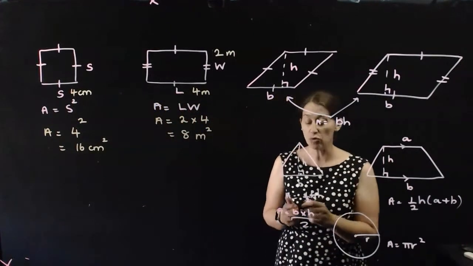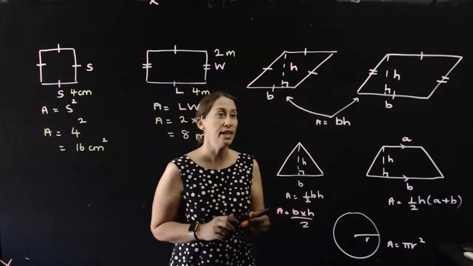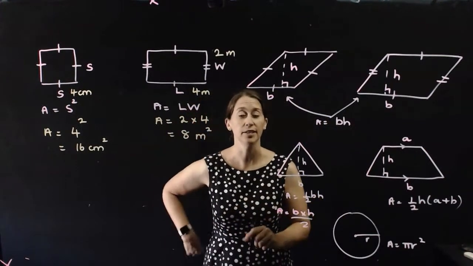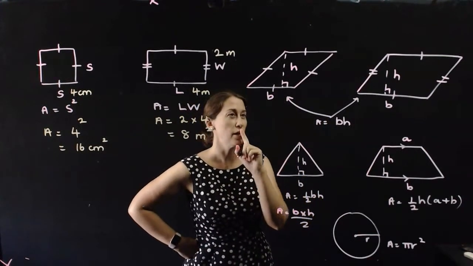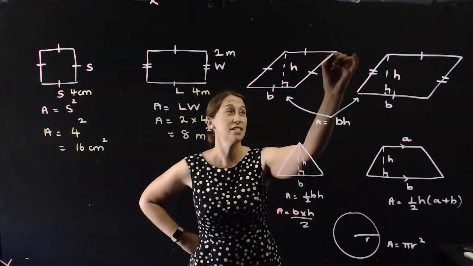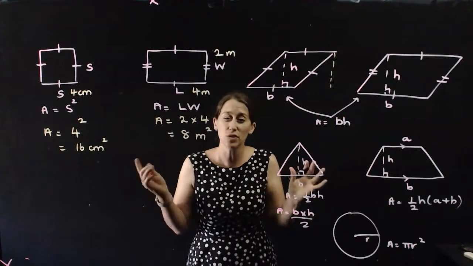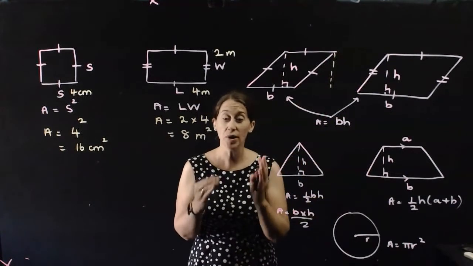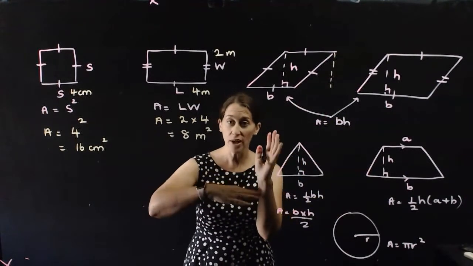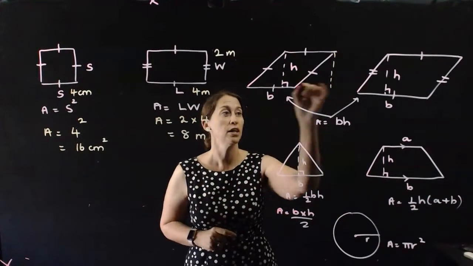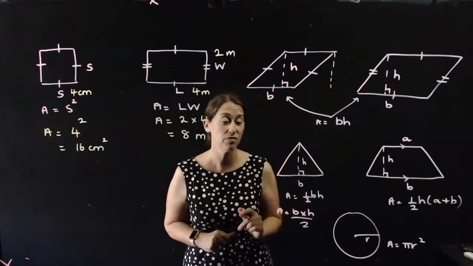Okay, so on the rhombus and the parallelogram, we need to have a base and a perpendicular height. I'm going to put some other measurements in there as well. Sometimes the height is given outside of the shape. Same with a triangle, depending on what kind of triangle you've got. You're looking for a height that goes at right angles to a base that you pick, that goes across one whole length of the shape.